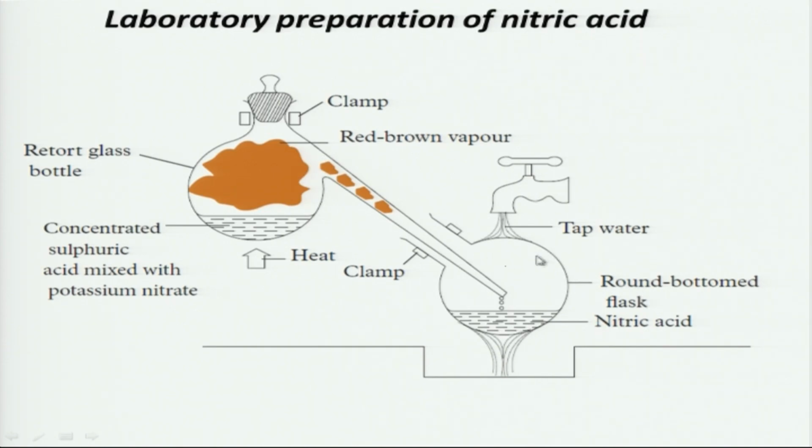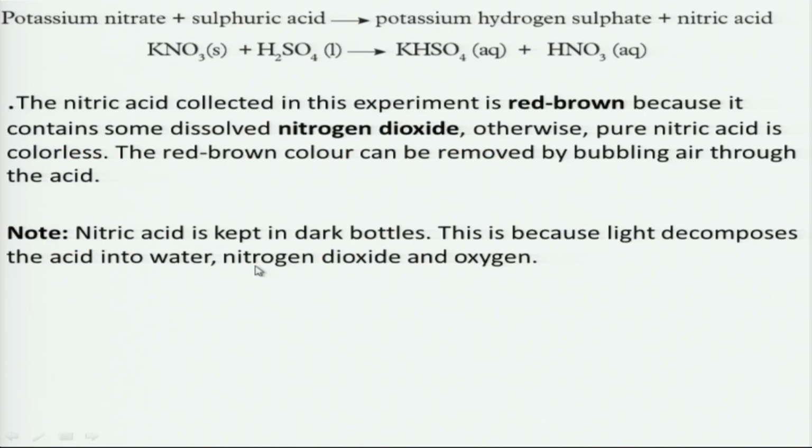We have the tap water to cool the gas. This is the clamp to hold the round bottom flask. All right? Those are the apparatuses. Now, you should also have the heat source. There should be a supply of heat.